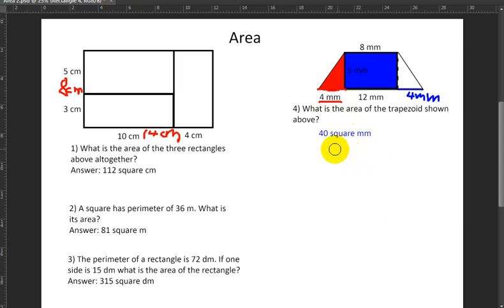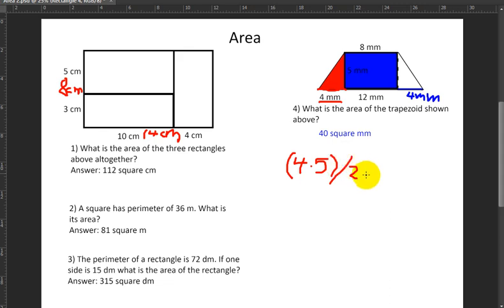So how do we find the area of a right triangle? If you remember from yesterday, we said that we multiply the two smaller sides between themselves, so 4 times 5, and then whatever we find, we divide it by 2.